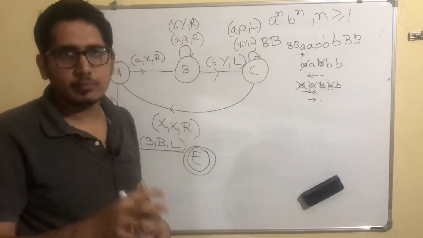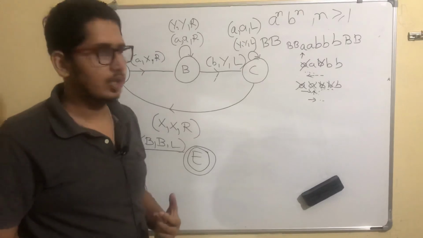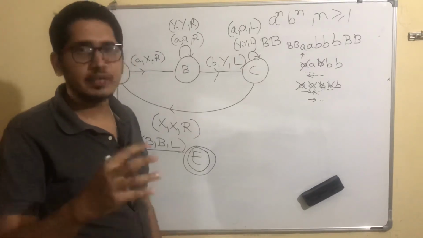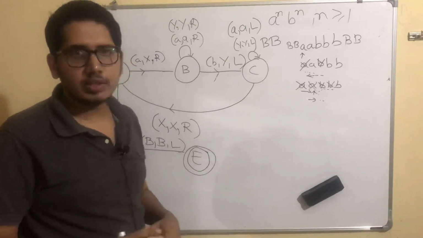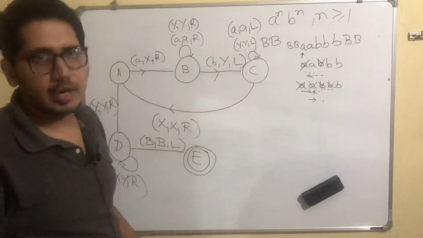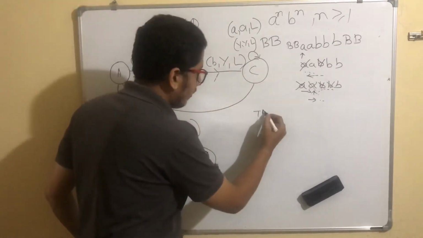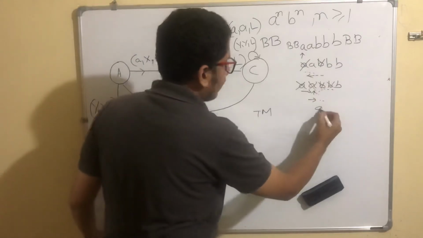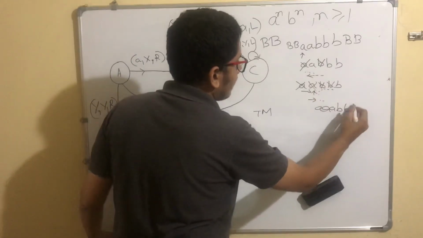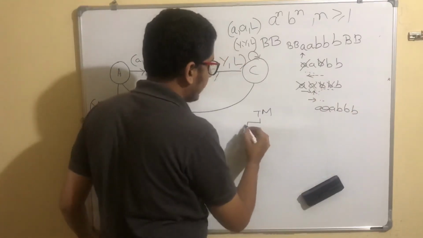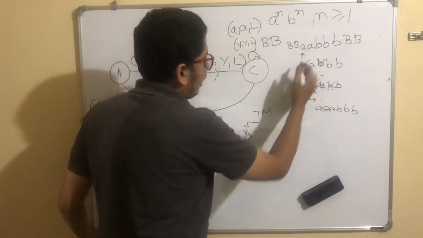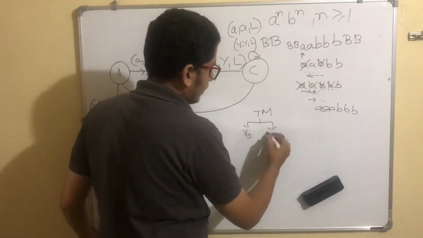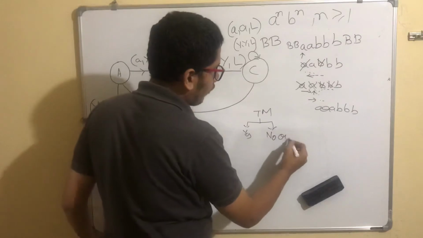There are many types of Turing machines, but we classify mainly: the Turing machine which will see a string and say yes if it is present. For example, in the previous we saw a b b b. So it saw that string, it said yes, this string is there, and now this string is not there. So the Turing machine will either say no or it will fall in infinite loop.